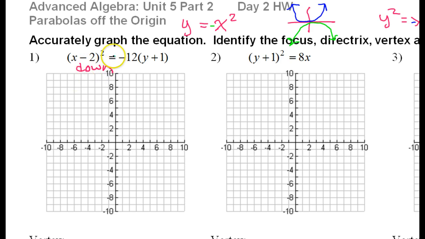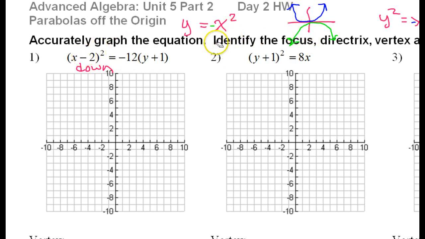The reason why is because right here, just ignore the minus 2 for a second, what I have here is x squared. So that's normal x squared, so I knew it would either be up or down. And because of this negative 12, that means it's going to be down.